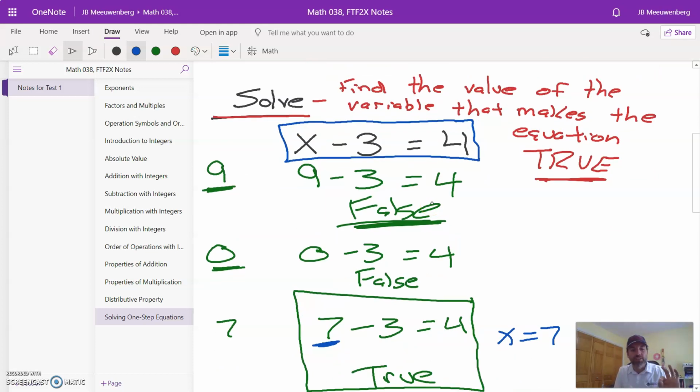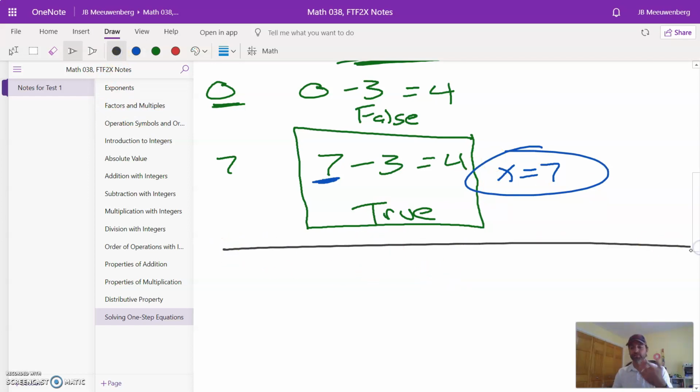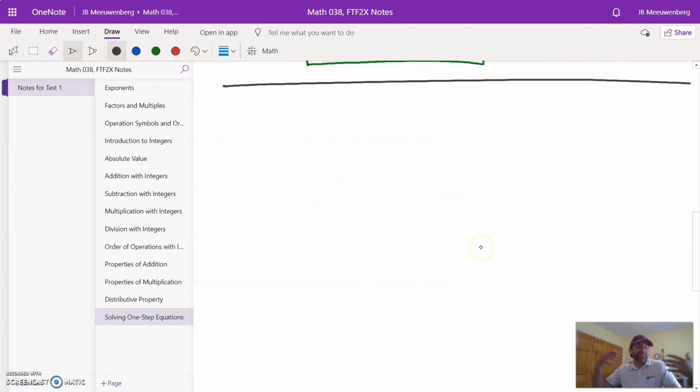And the way we start in this class is very simple, where our equations are simply going to have one solution. There's only going to be one possible number that makes the equation true. As we advance, we're going to find that there will be more equations and other types of equations that can have multiple solutions, or the solutions even look a little bit different.